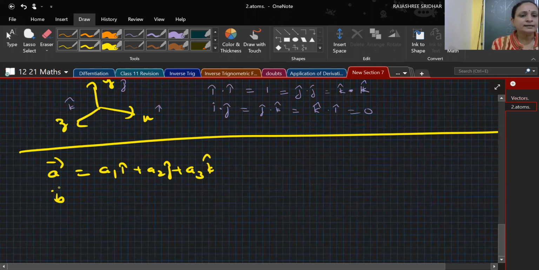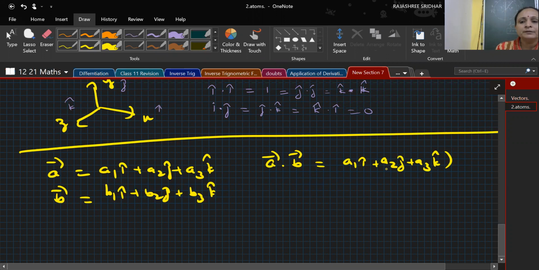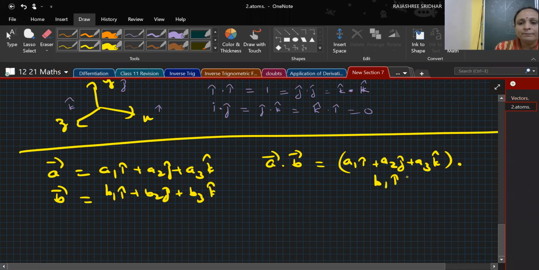And there is another vector, B, equal to b1 i cap plus b2 j cap plus b3 k cap. Now, if you want to write the value of A dot B, it is (a1 i cap plus a2 j cap plus a3 k cap) dot (b1 i cap plus b2 j cap plus b3 k cap).